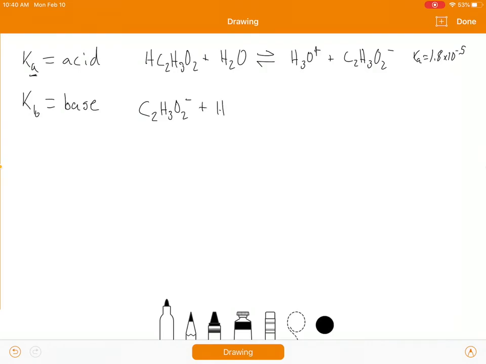So if you added water to that, now it's going to accept a proton, and it's going to make acetic acid and hydroxide. Now you're like, wait a second, Mr. Dottie, it made acetic acid, so it produced an acid. Well, here's the thing. Acid strength is its ability to make hydronium, right?